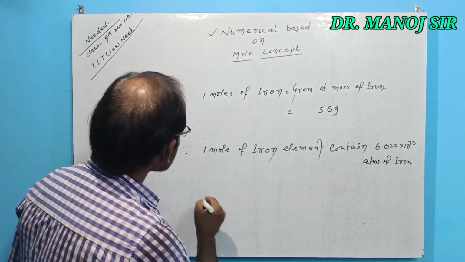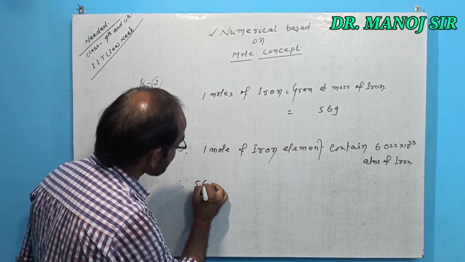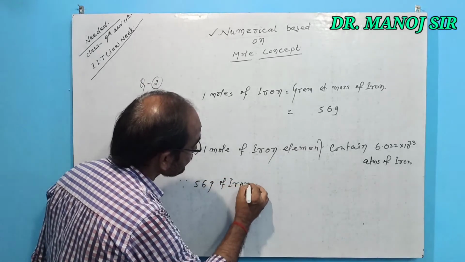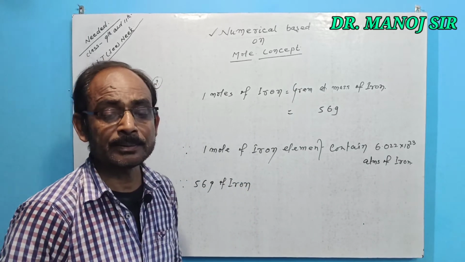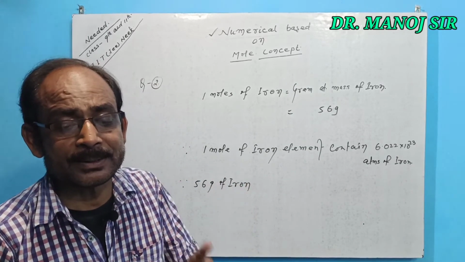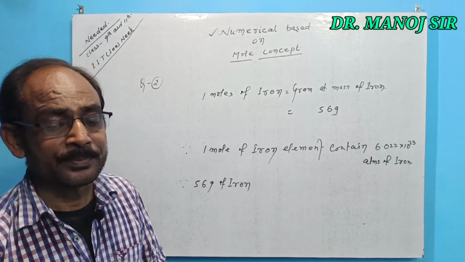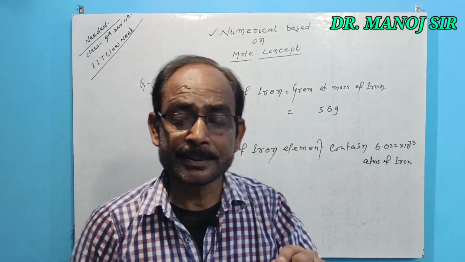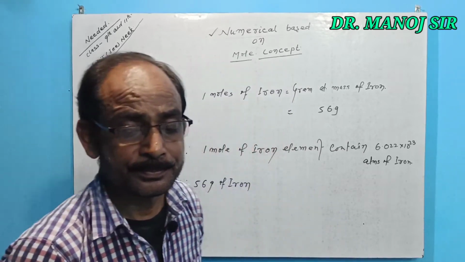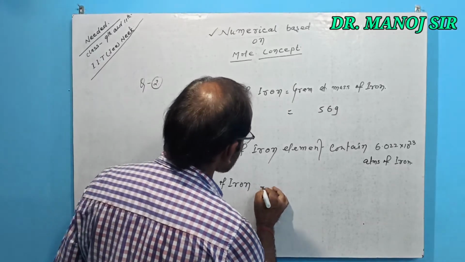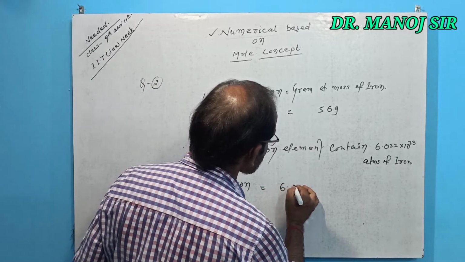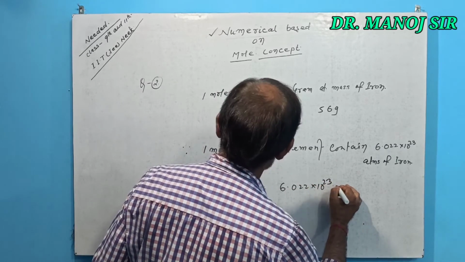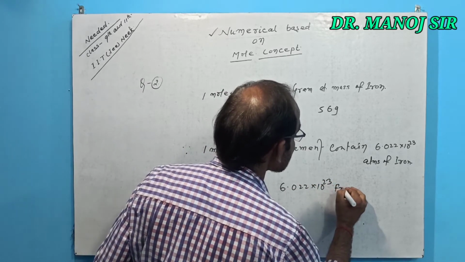Therefore 56 gram of iron, their weight is 2.8 gram, but their mole value is 0.22 into 10 to the power 23 iron.